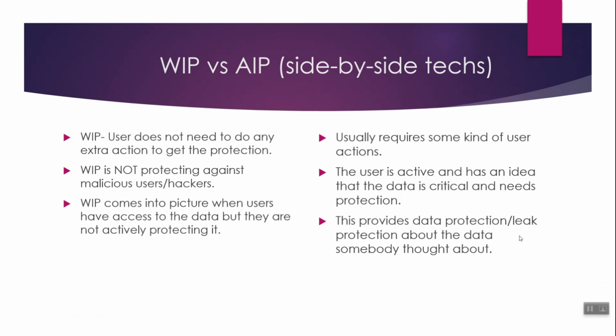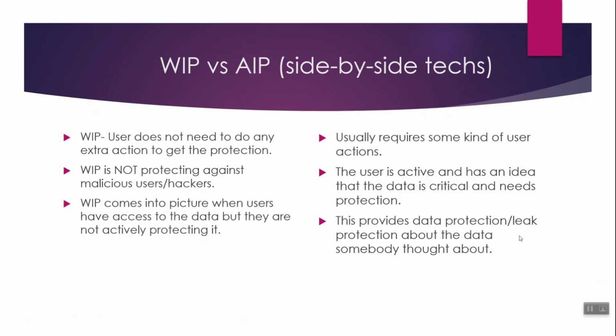But as of now, let's just understand this: AIP has its own way of encrypting the files and protecting them, and WIP has its own way of encrypting the files and protecting them. But when we are moving the data outside of the device itself to a removable device, then WIP makes use of AIP encryption keys.